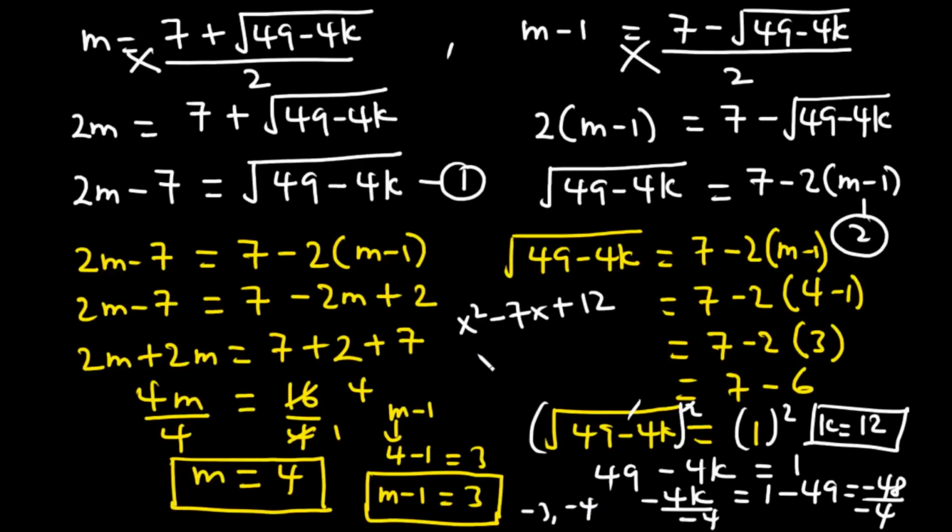So the equation looks like x minus 3 and then x minus 4 is equal to 0. Now x minus 3 is equal to 0 means that x is equal to 3, and x minus 4 is equal to 0 means x is equal to 4. So these are the roots of the quadratic equation, and the constant k is equal to 12.